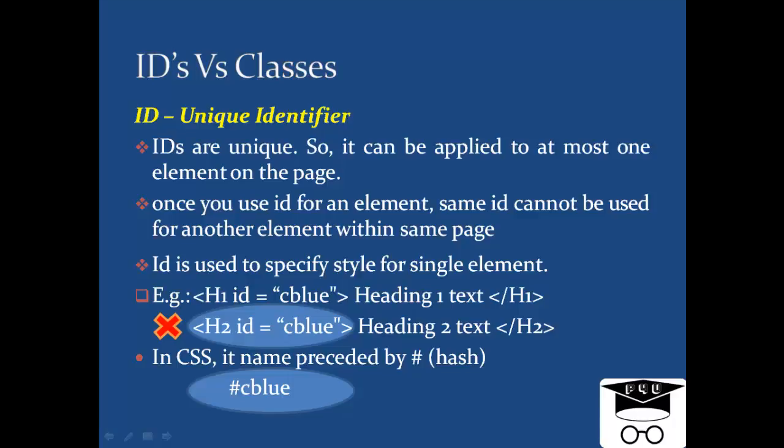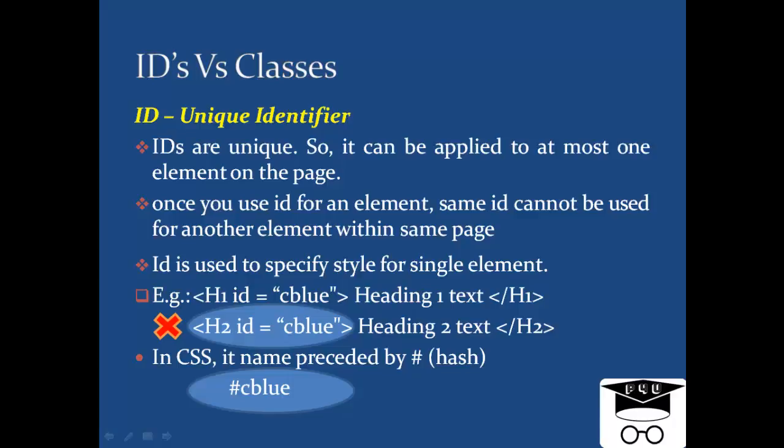As an example given below, the h1 tag has an ID attribute as cblue, and again in the second header tag, that is h2, the ID is specified as cblue, which is wrong, because ID is unique, it can be used only once.